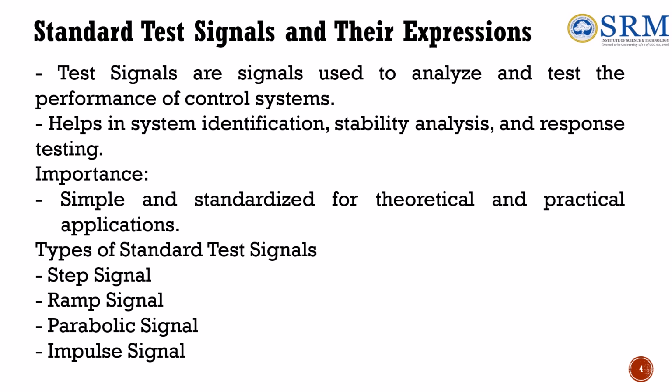These signals are simple and standardized so that everyone can use the same tests both in theory and in real-world applications. The common types of test signals include step, ramp, parabolic, and impulse signals. By applying these test signals, we can predict and improve system behavior effectively.